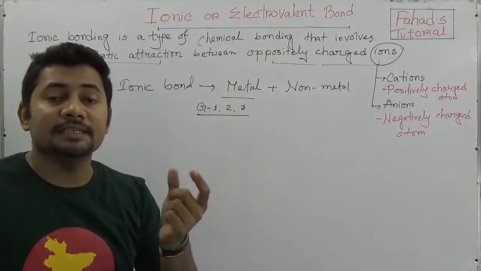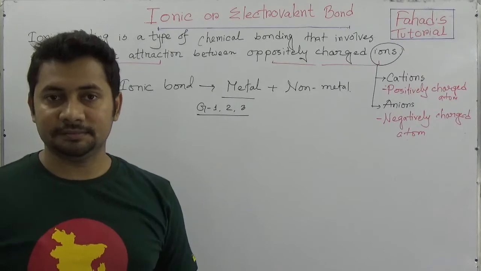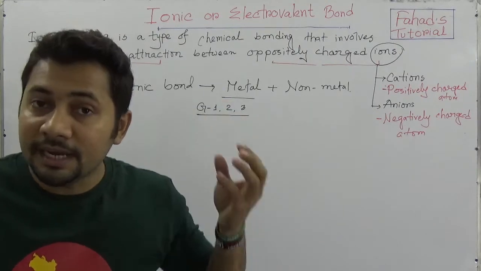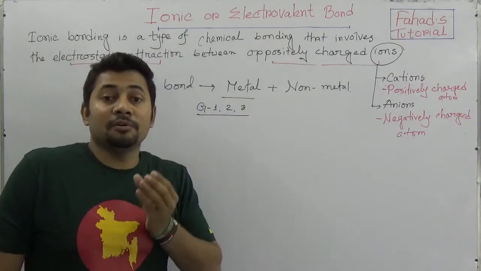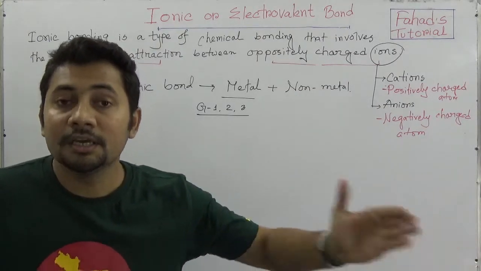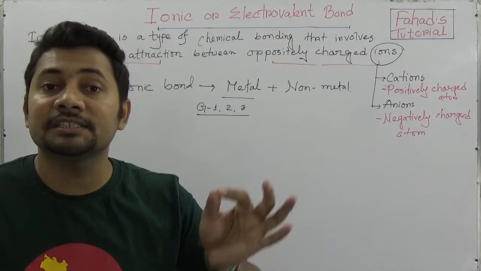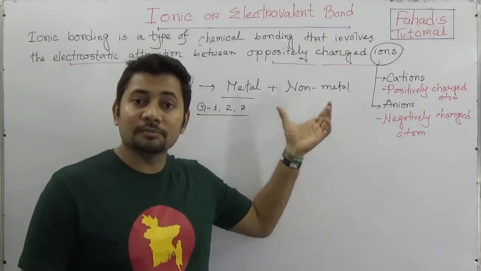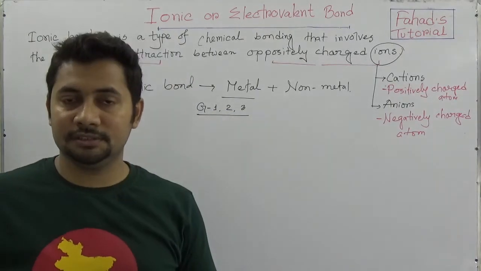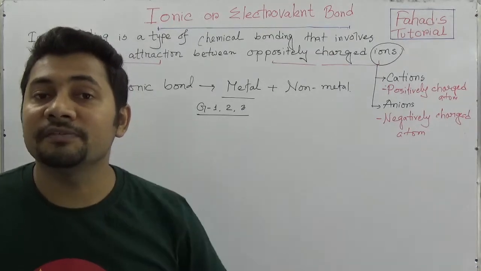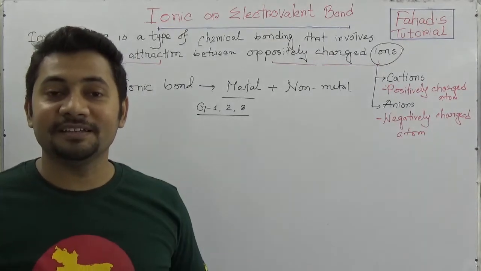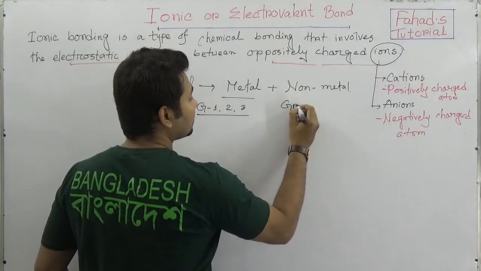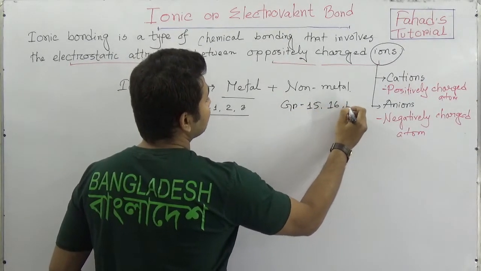The metal group has low ionization energy, and the non-metal group atoms have high ionization energy. That is why the metal group is more prone to donate electrons to get a stable electron configuration like its nearest inert gas. And the non-metal group is more prone to accept electrons to get the electron configuration of the inert gas to their right.